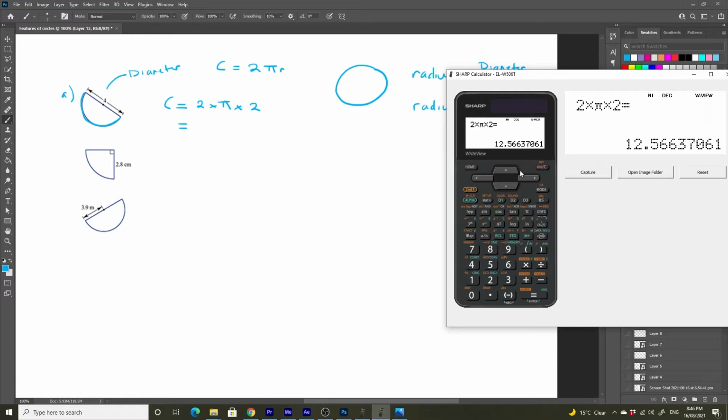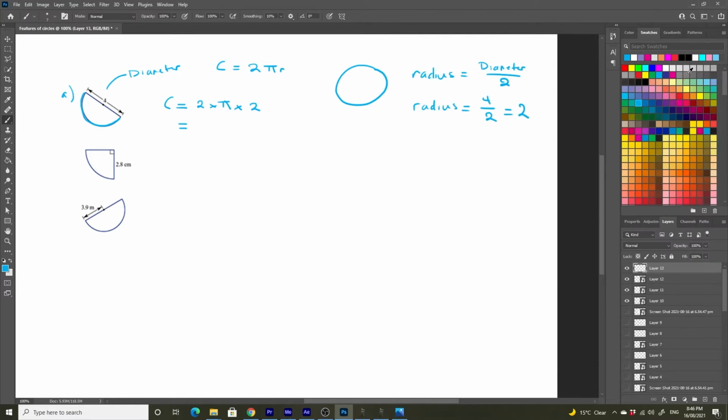Now, this isn't too good, because what we've got here is a lengthy circumference of this circle. We want to maintain this level of accuracy, but we don't want to round it until we're done with the calculation. So we need to adjust our formula a little bit. The circumference of an entire circle is what we have, but we need to divide that by 2.